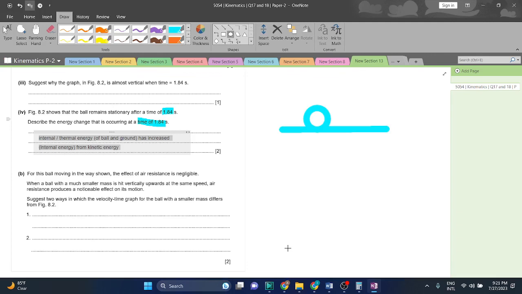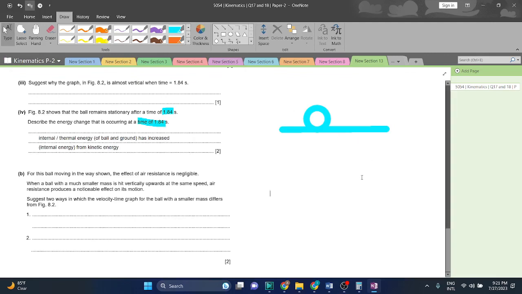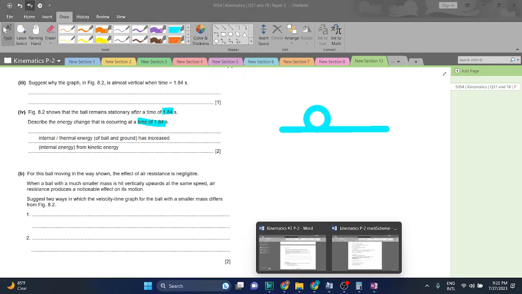So that means it will travel a shorter distance. First of all, it will travel a shorter distance. Second, if it's traveling a shorter distance, then it will have a shorter time, because it is traveling a shorter distance. So that is the right answer.